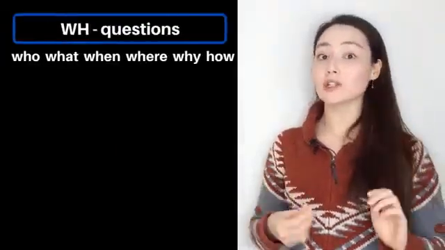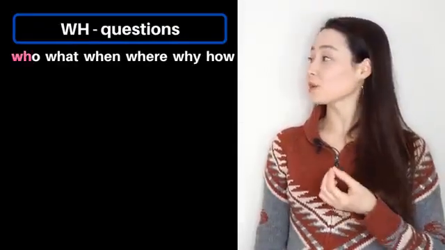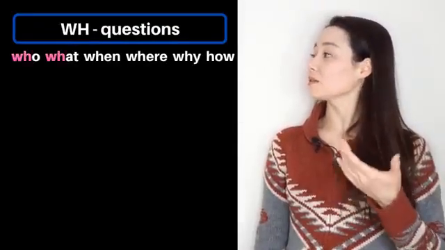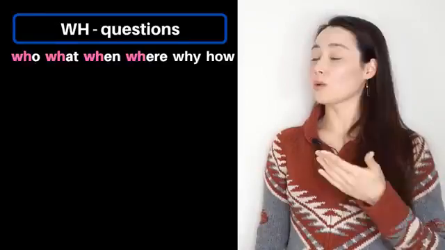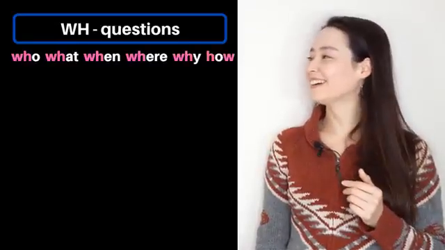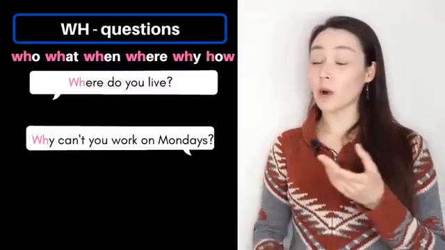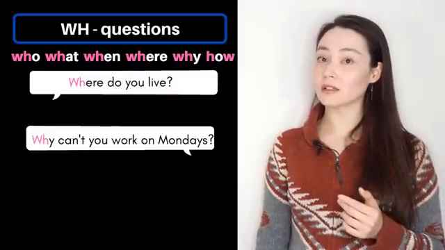Okay, let's move on. What about other questions like WH questions? By WH questions, I mean who, what, when, where, why, how. Where do you live? Why can't you work on Mondays?